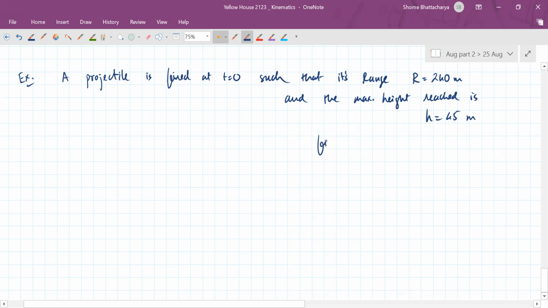We want to find the angle of projection theta.